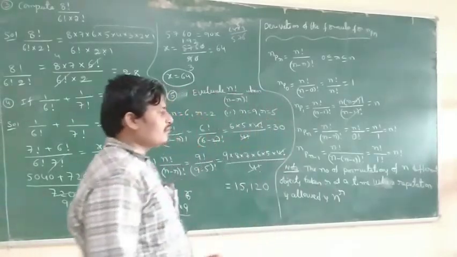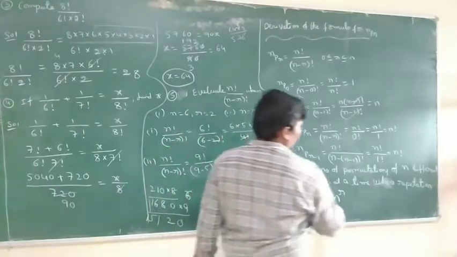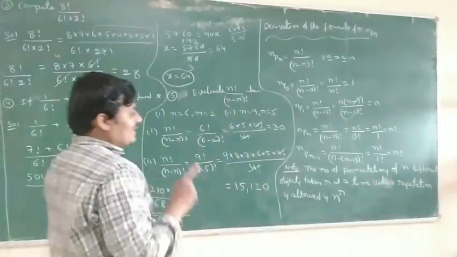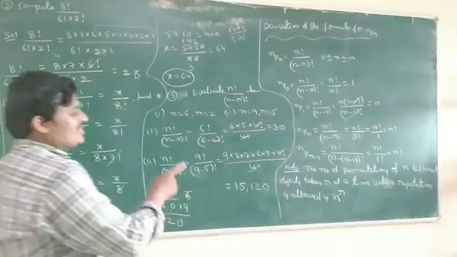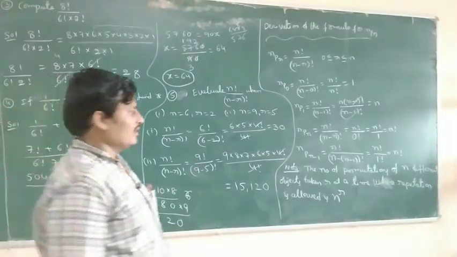The number of permutations of n different objects taken r at a time where repetition is allowed means the direct formula n power r.